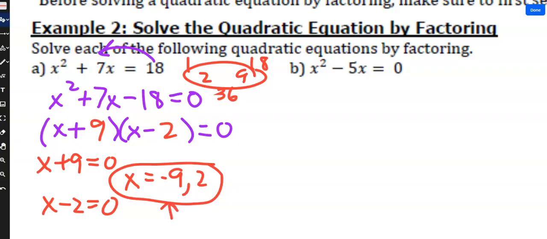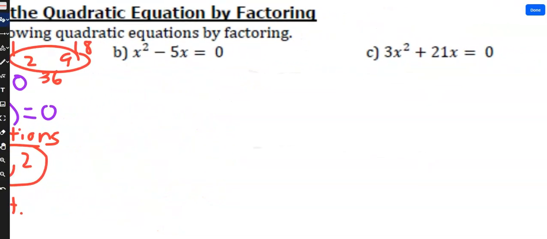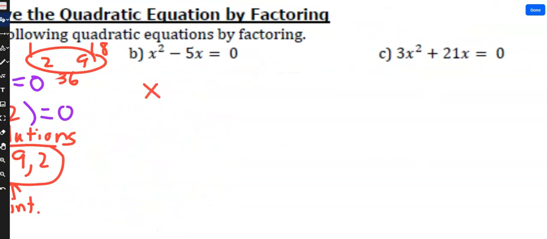Remember, these are x-intercepts for the parabola. If you're looking at a graph, they're x-intercepts. If you are just solving an equation, these are your solutions. So it has a two-sided effect there. Now, remember I talked about factoring, how you pull out a greatest common factor?